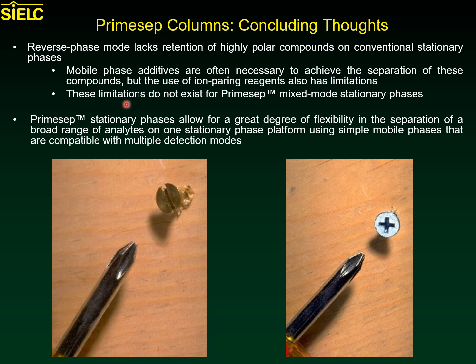These limitations do not exist for the Primesep columns here, which make use of mixed mode stationary phase technology. And so Primesep stationary phases allow for a great degree of flexibility with your different separations, as it gives you multiple vectors of control. And each of these different variables is also compatible with multiple detection methods.